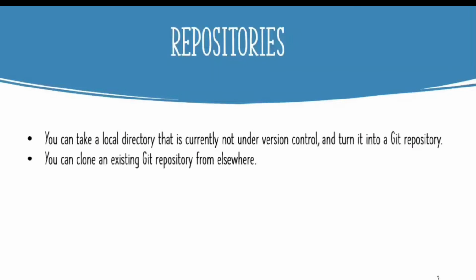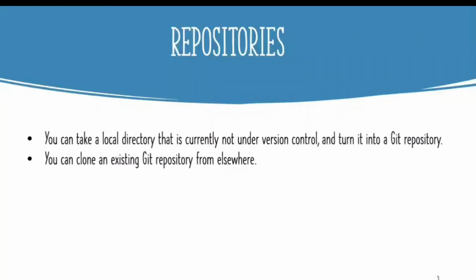When you convert a normal folder into a Git repository, that repository is known as a local repository. And when you clone a repository that already exists somewhere else, then that repository is known as a remote repository. In today's video, we are only going to talk about local repositories.